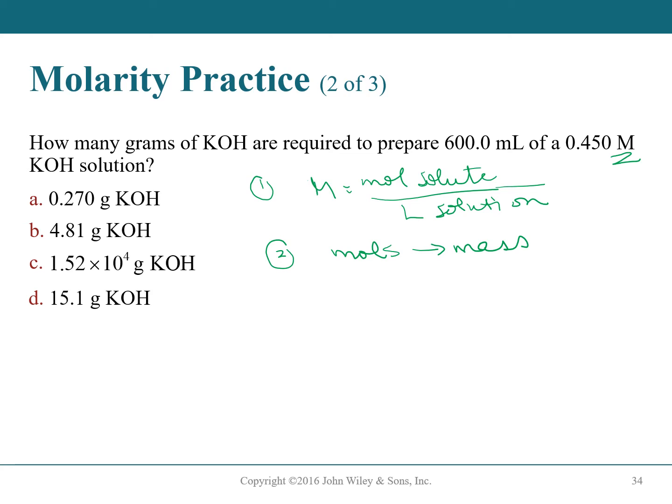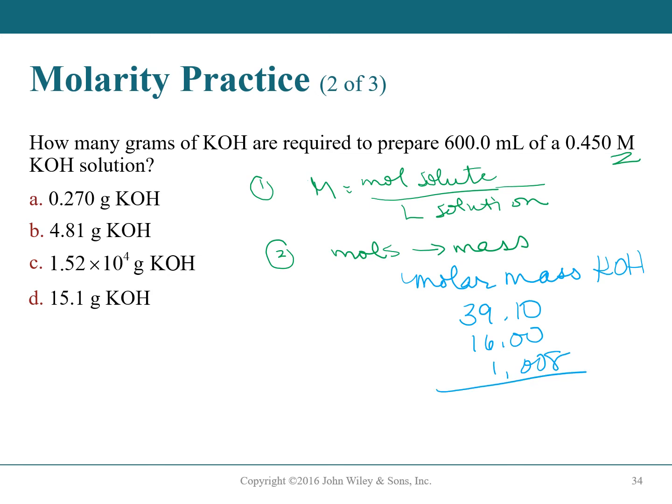Okay, to go from moles to mass, I need the molar mass of KOH. So the molar mass of potassium hydroxide is 39.10 plus 16 plus 1.008.